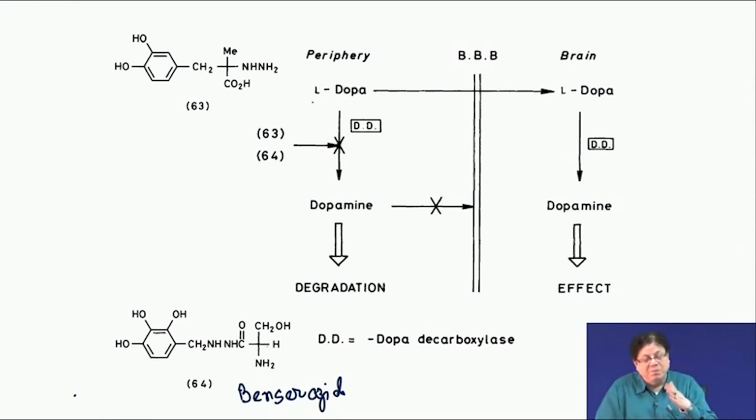Periphery is that boundary. Periphery basically is just outside the boundary of the blood vessel. You see here it is written that tyrosine crosses, I told you, but tyrosine is not the answer to treat this type of disease, because tyrosine will be utilized mostly for its primary role, that is to make the proteins.